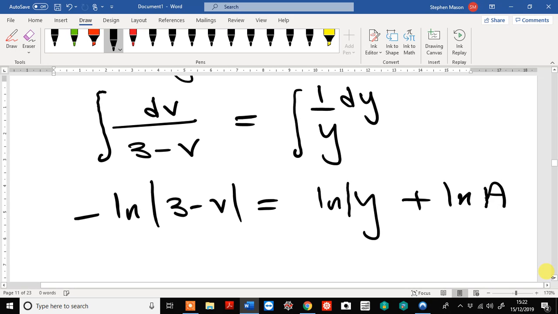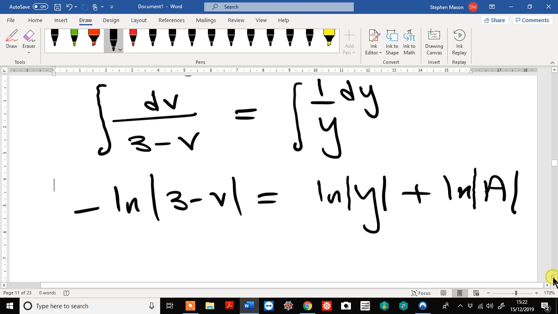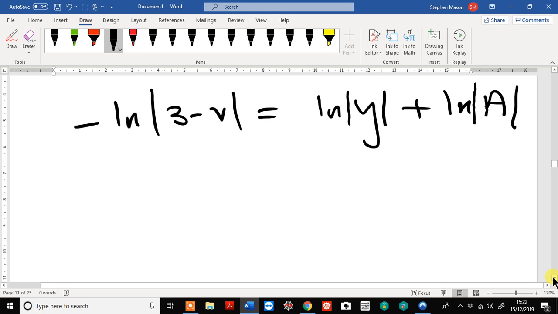I ought to put modulus signs in. There we are. Not the neatest writing, I know.